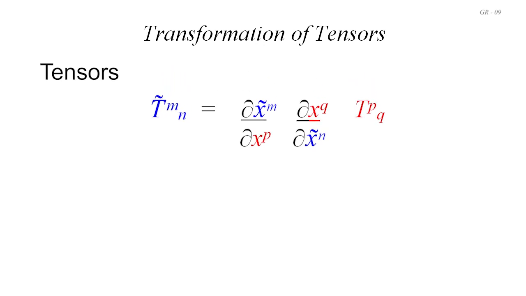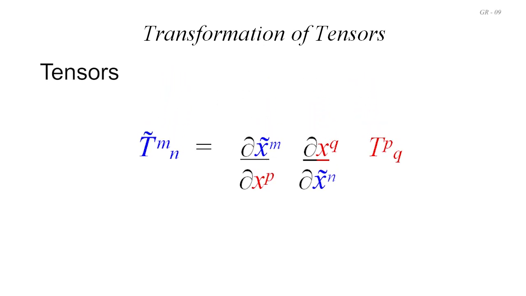Here is that simplified equation once again for the tensor with one upper and one lower index, giving its measured components in the blue tilde frame calculated from those components in the red frame. And this equation applies whether you have 2, 3 or more dimensions, and it deals with all of the components.